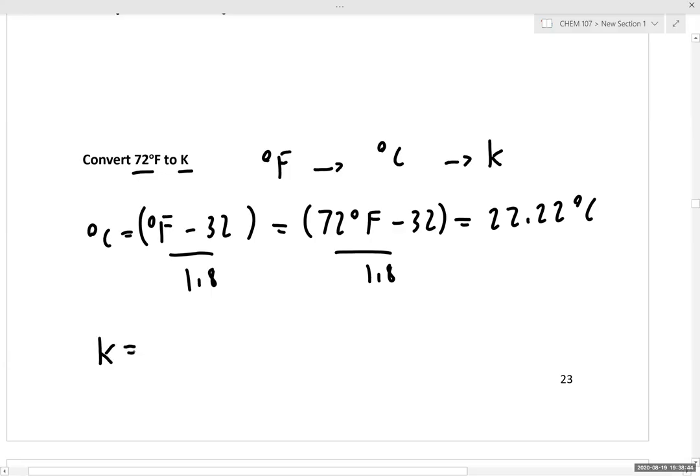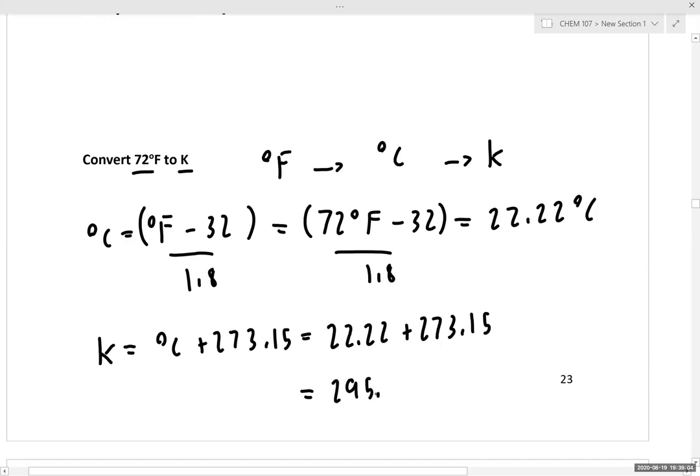And for Kelvin, it's equal to degrees Celsius plus 273.15. So we have 22.22 plus 273.15, and that in turn gives us 295.37, which we'd in turn round to 295.